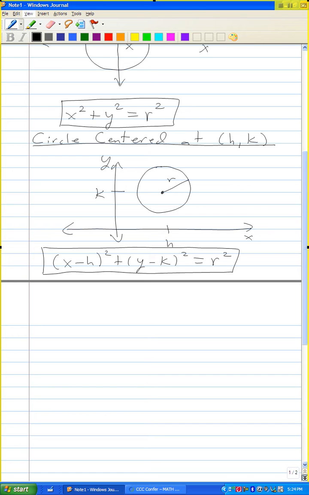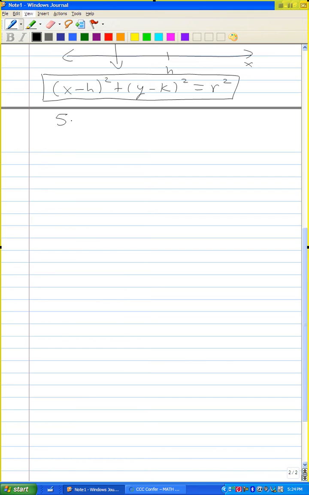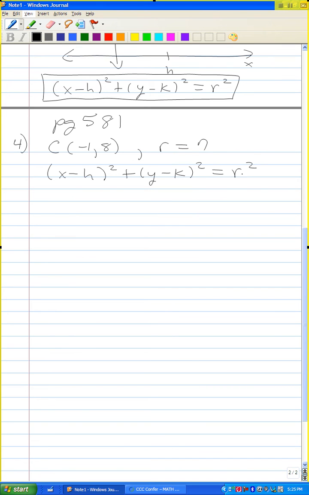Let's do some examples. Let's say on page 581. Let's do problem number 4. In exercises 1 through 16, find an equation that describes the circle satisfying the given conditions. The center is at (negative 1, 8), and the radius is 7. Therefore, let's use the equation of a circle centered at (h, k) of radius r.